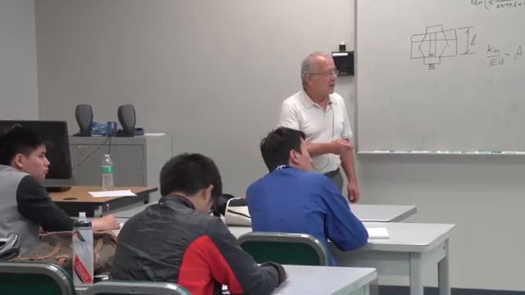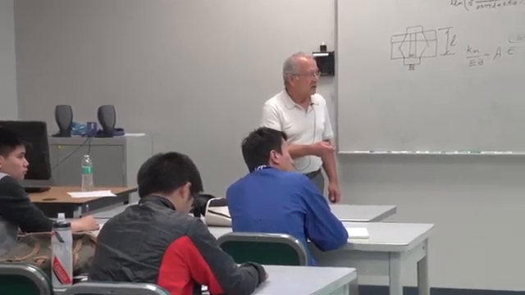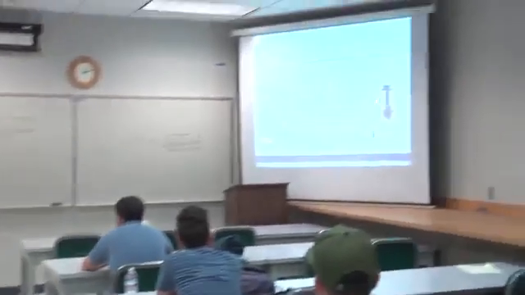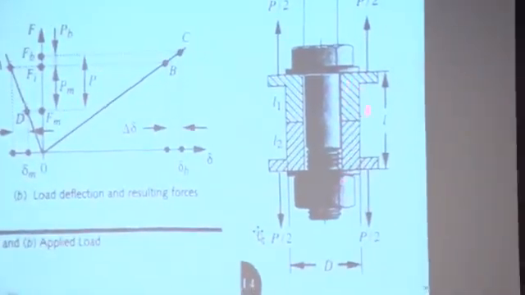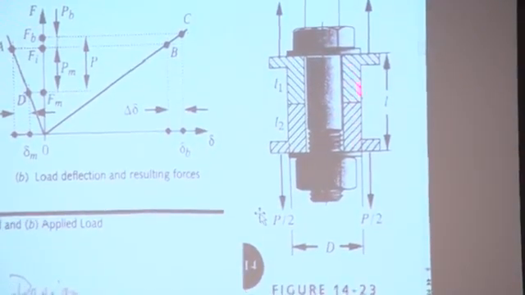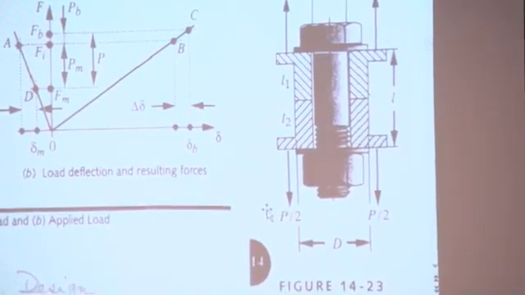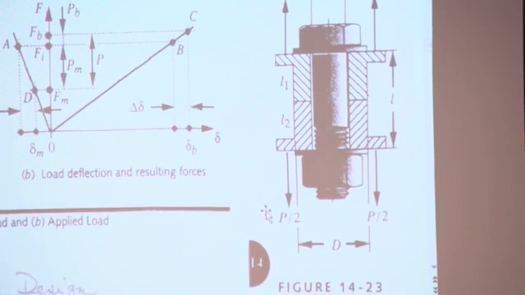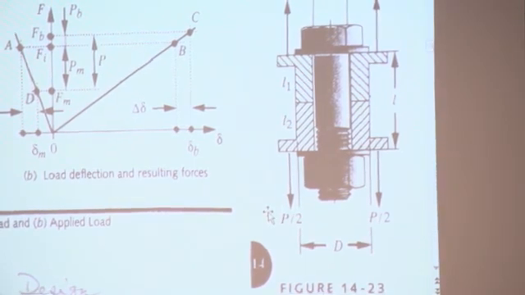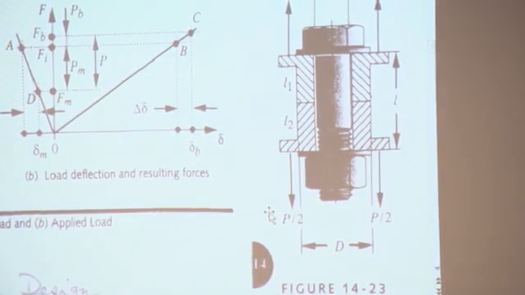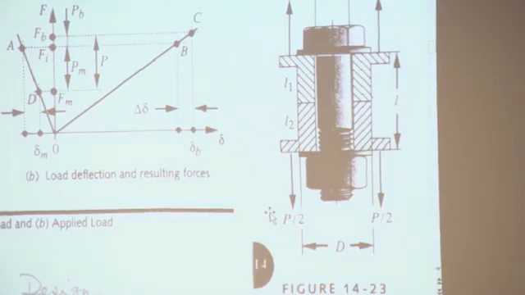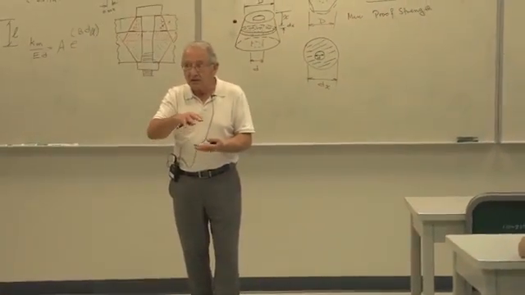If I apply, after I preload this, so the member is under compression, if I apply that, what do I do to that distance? Do I increase that distance or decrease it when I'm pulling it? I increase that distance, right? So what happens to the force in the member? It decreases, does it not?